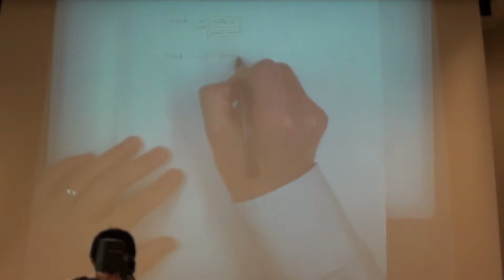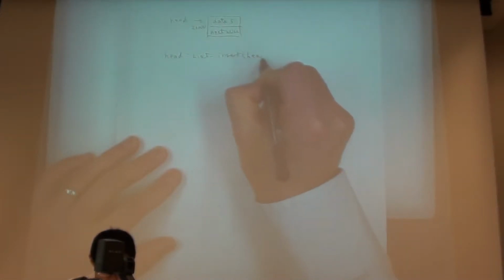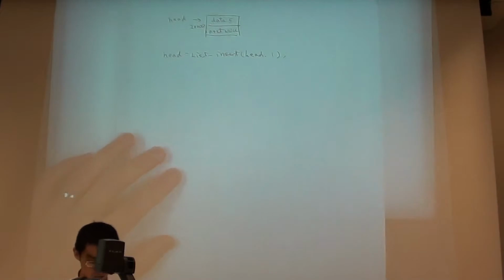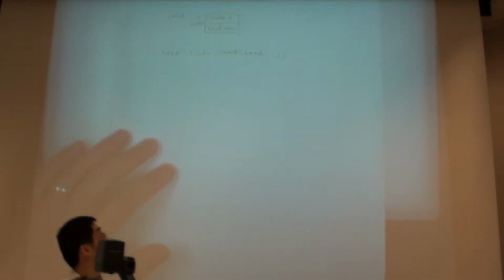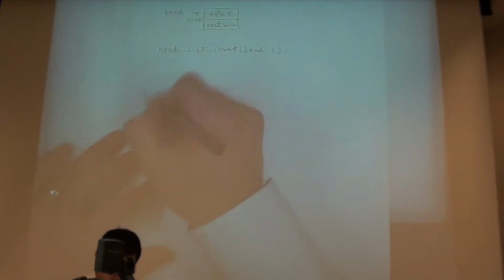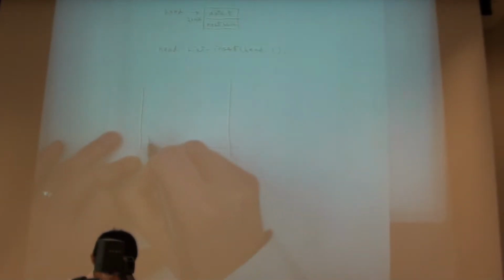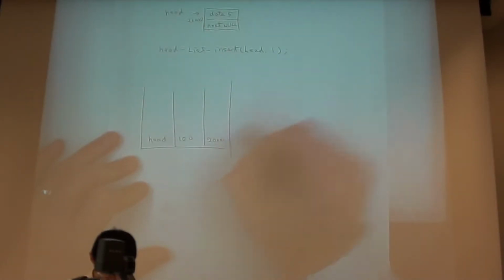The next line says I want to insert 1. So I say head equals list insert. So look at my call stack. Head, address 100, the variable is 20,000.